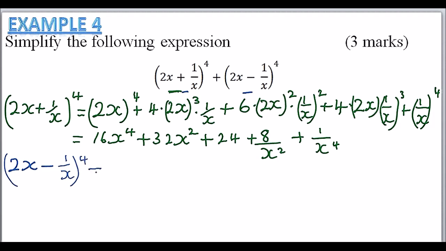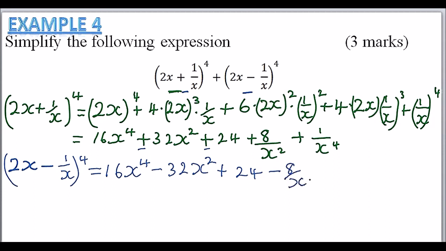So we only interchange the sign. This will give us 16x to power 4. Now here we have minus 32x squared. Then we have plus 24. Then we have minus 8 divided by x squared plus 1 over x to power 4.